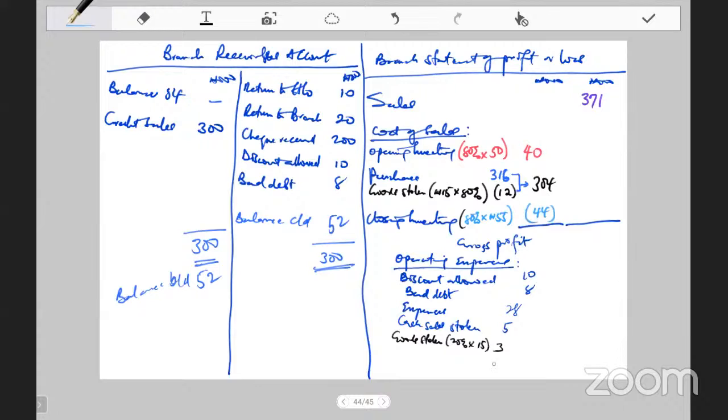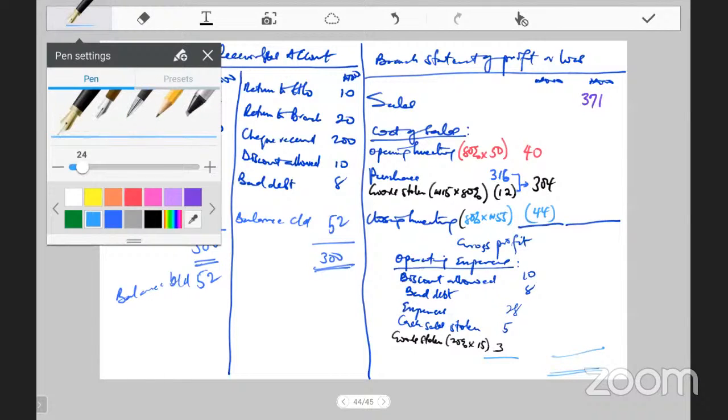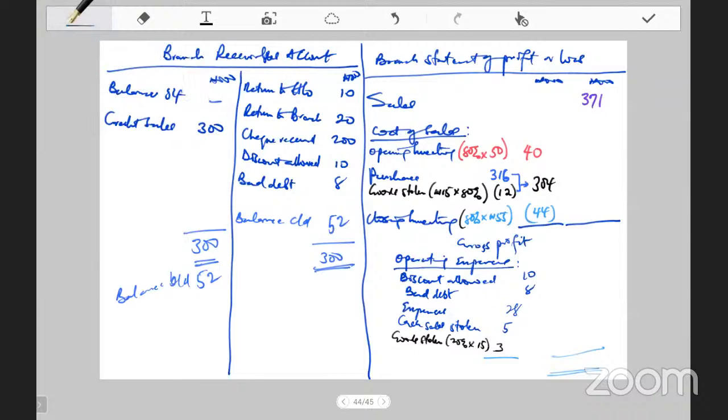So can you give me my cost of sales? 40 plus 304 minus 44. Give me 300.